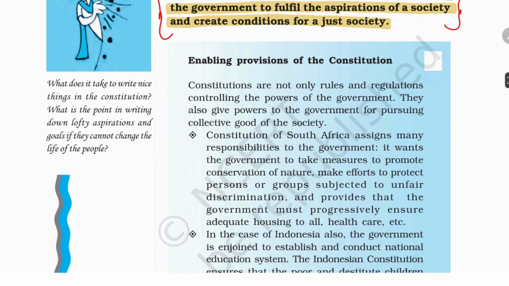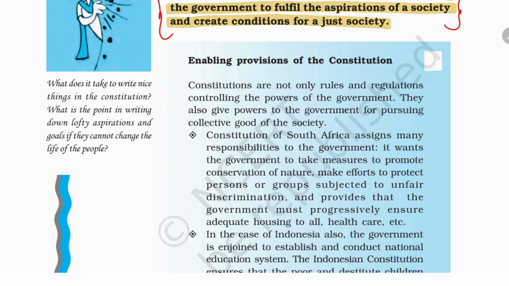Enabling provisions of the constitution. Constitutions are not only rules and regulations controlling the powers of the government, they also give powers to the government for pursuing the collective good of the society. The constitution of South Africa assigns many responsibilities to the government.